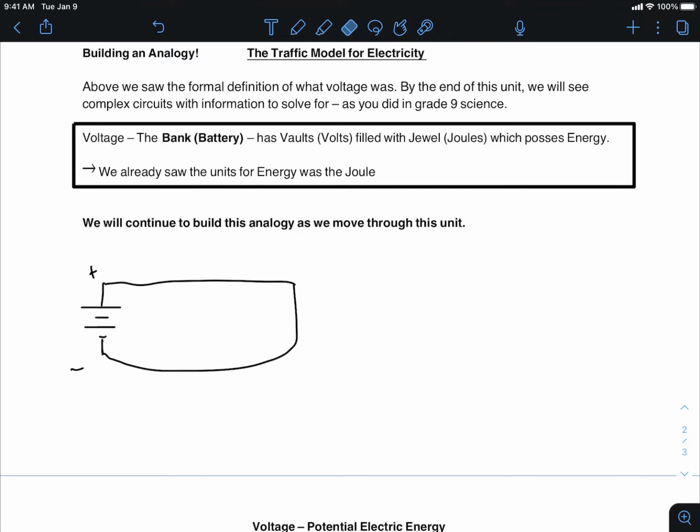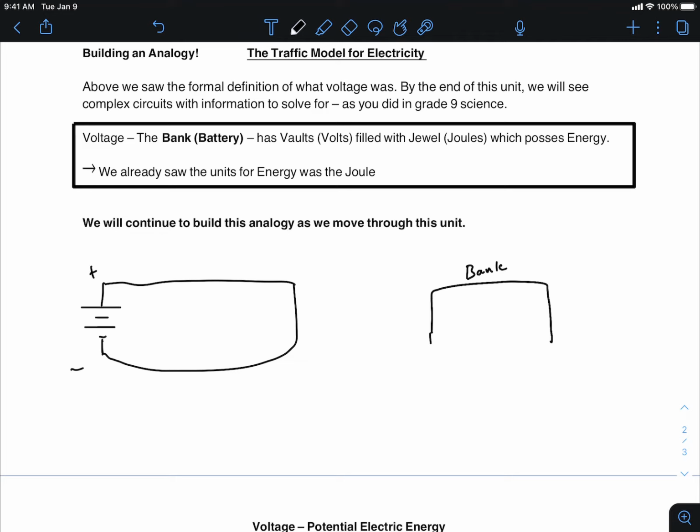But what we're trying to do here is set up this analogy in terms of the battery. Here's our battery. In the battery, or we'll call it the bank, right? If you go into a bank, the bank has vaults, right?